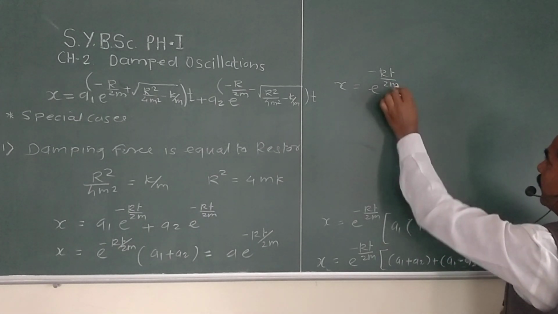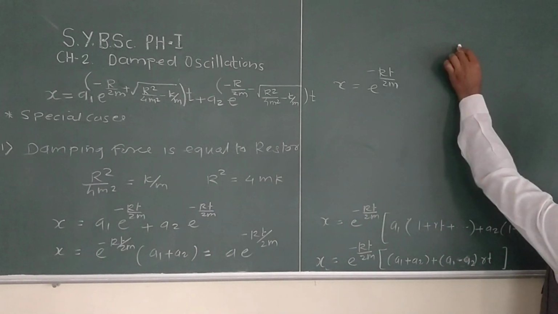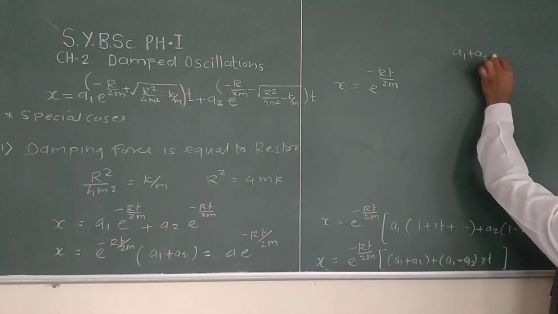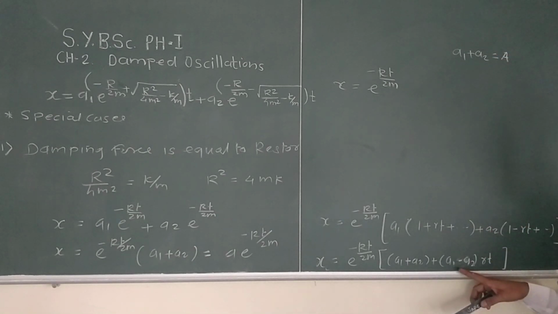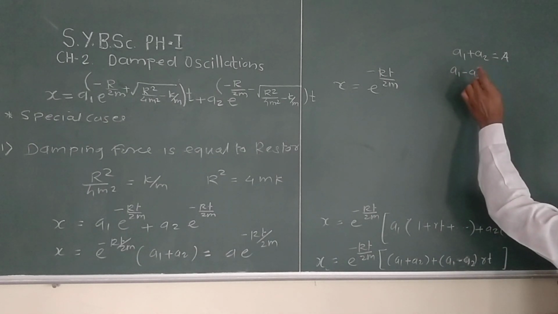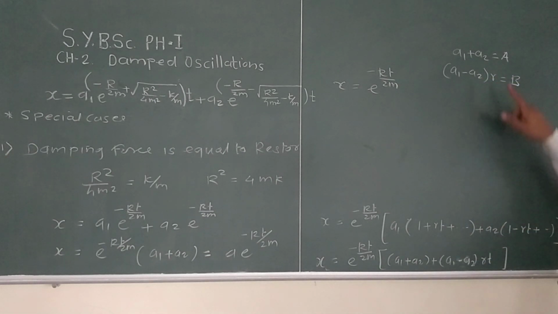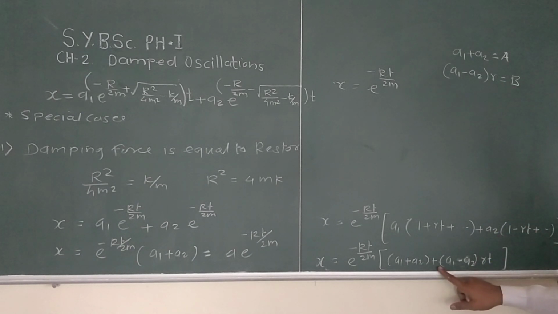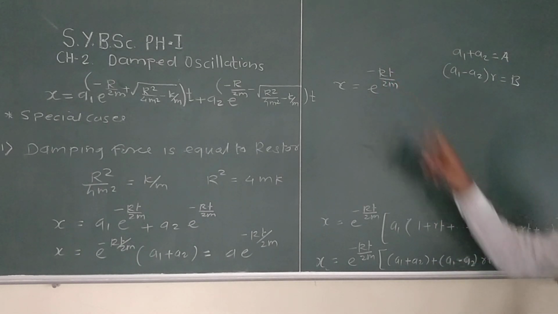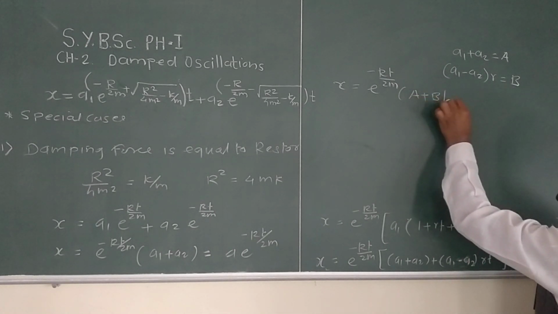Right here twice m, right? Then we put a1 plus a2 equal to capital A, and a1 minus a2 into r equal to capital B. So with this substitution we can write this equation x equal to e raised to minus rt upon twice m in bracket A plus Bt.